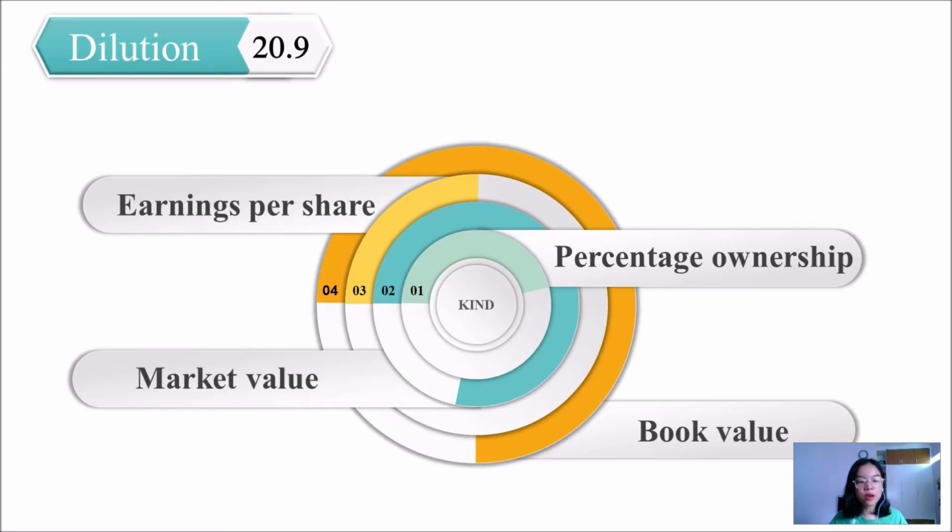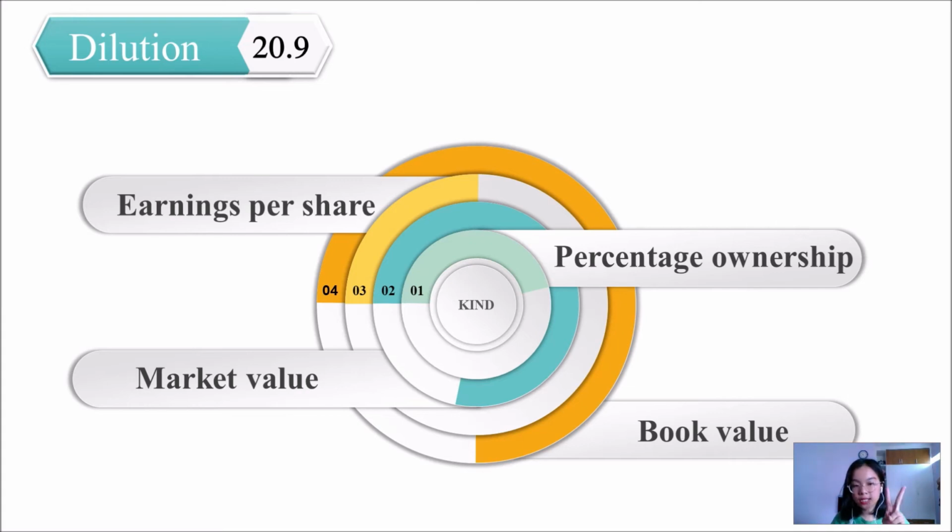To move on, let me turn now to part 9, which is about the dilution of stock. Basically, dilution is a loss in value of existing shareholders. There are several kinds of dilution, as we can see in this chart. The first type is percentage ownership. This is when shares are sold to the general public without a rights offering.